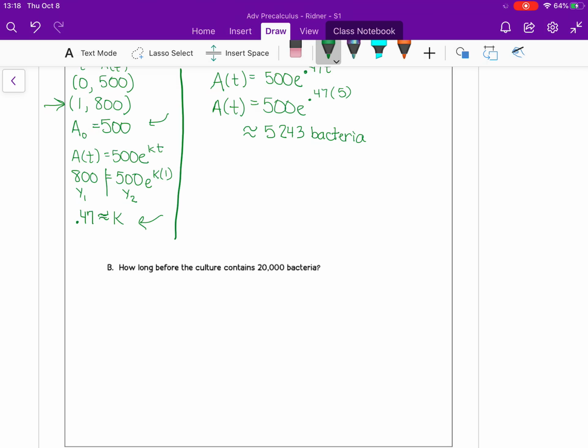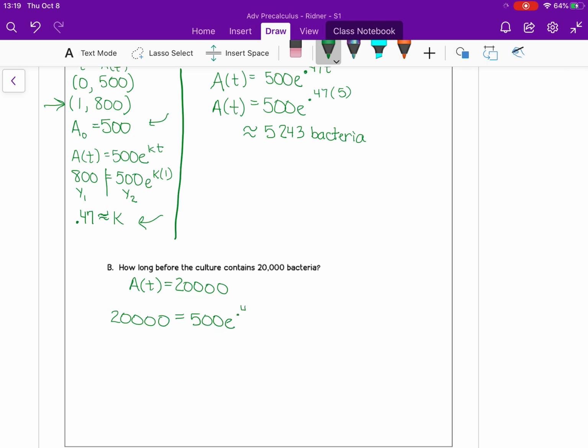Okay, what about how long before the culture contains 20,000 bacteria? So that means that A sub t, the y value is 20,000 this time. Okay, so we're going to get 20,000 equals our function.